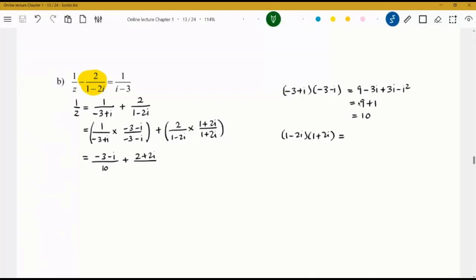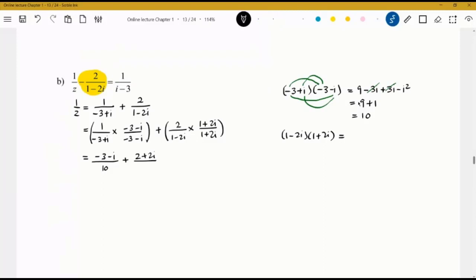Okay, so this we multiply, get positive 9. This multiply get positive 3I. This we multiply get negative 3I. This we multiply get negative I square. Okay, in the middle it will cancel out. So it doesn't matter which one comes first. Okay, is that clear? Yes.